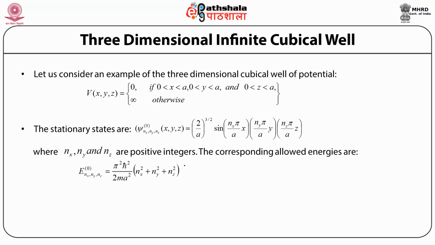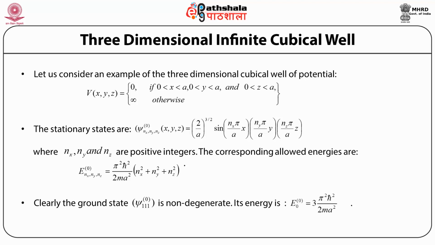The corresponding allowed energies are E nx, ny, nz 0 equals pi square h bar square by 2m a square into (nx square plus ny square plus nz square).